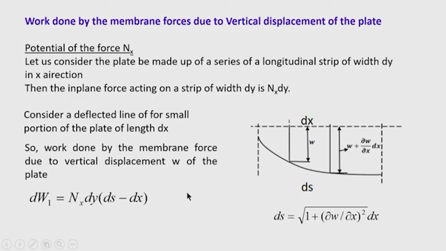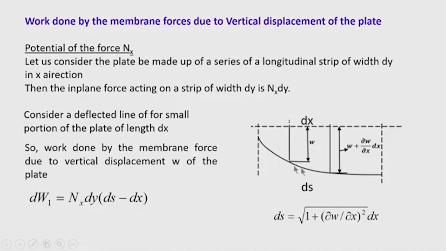So, ds minus dx indicates the deformation taken into account to calculate the work done by Nx dy. Now, if I take ds as a small quantity, we can form a right-angled triangle. ds is the hypotenuse, dx is the base and dy is the altitude.